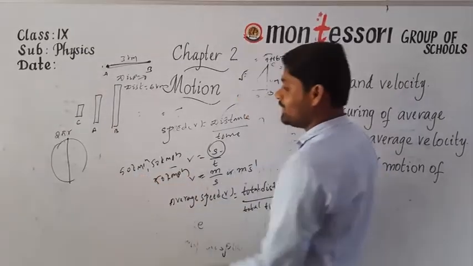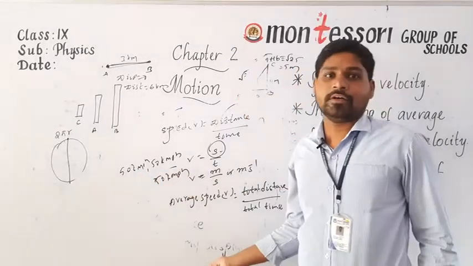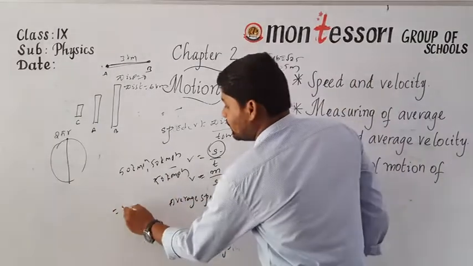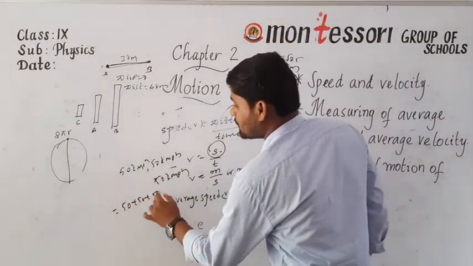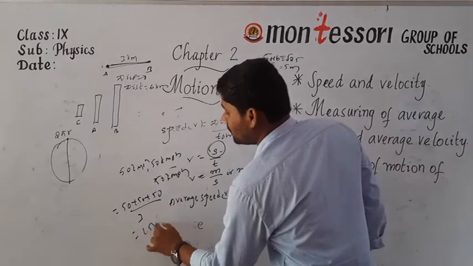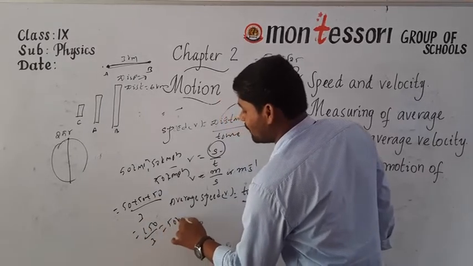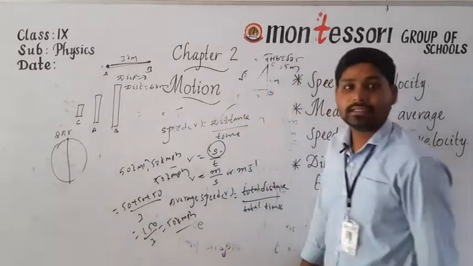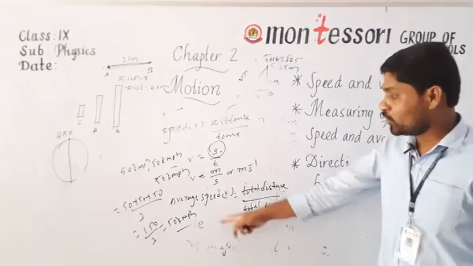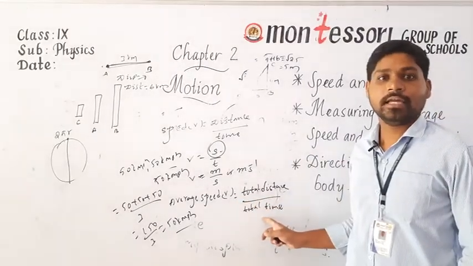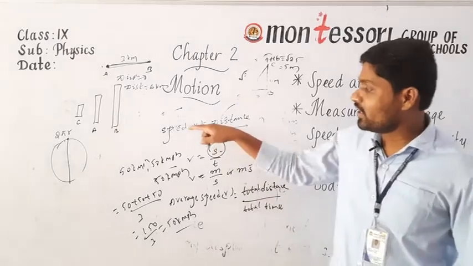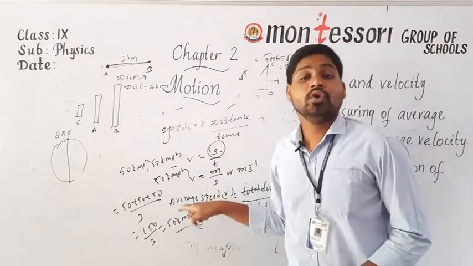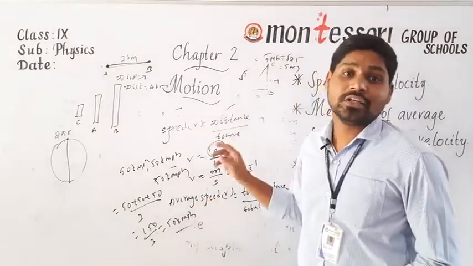Then what is the instantaneous speed here? 50 kilometers per hour. What is the average speed here? 50 plus 50 plus 50 by 3, 150 by 3. Again you are getting 50 kilometers per hour. Is it clear? So whenever your body is moving with uniform speed at all times, its instantaneous speed and average speed are the same, and the uniform speed is also the same, constant.